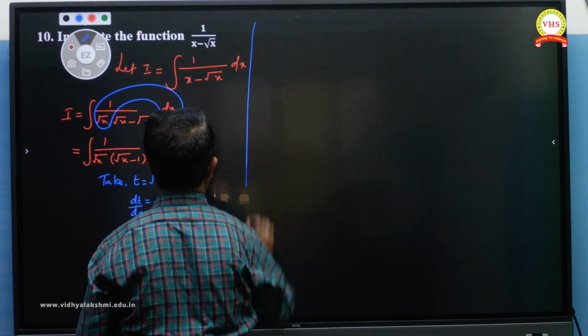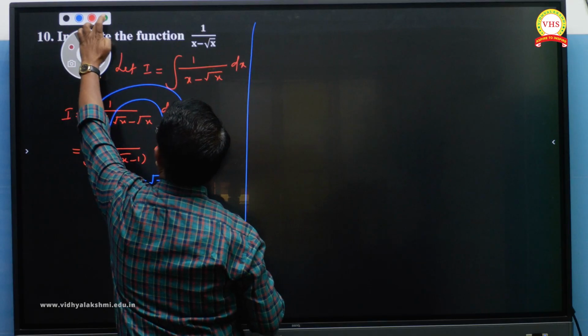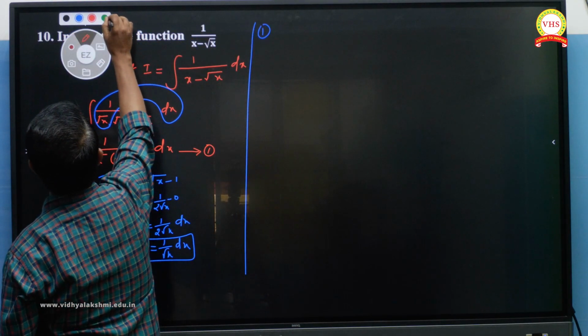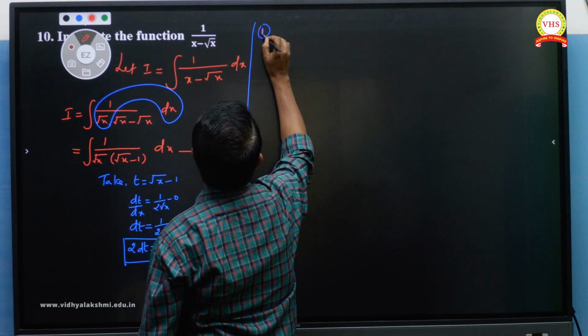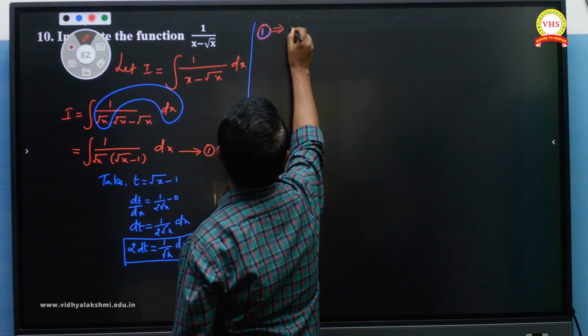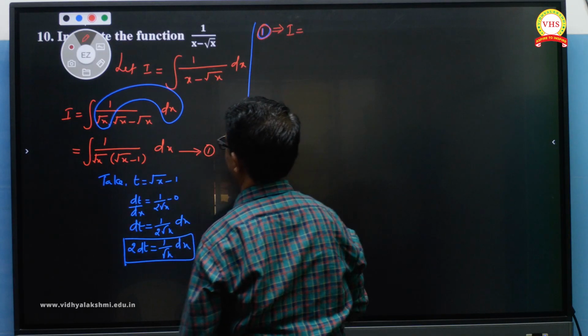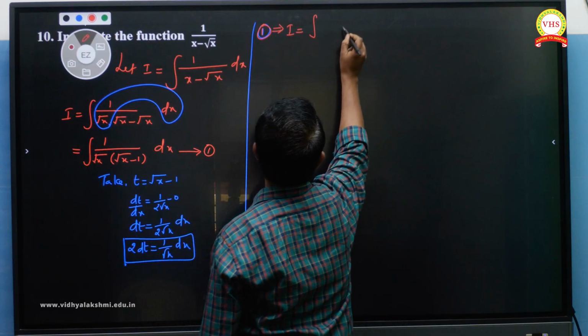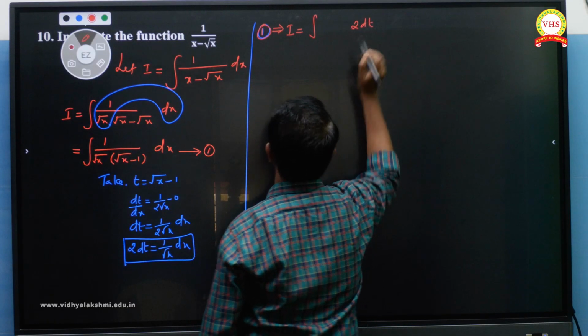What are we going to get here from equation 1? I equal to the integral of 1 by root x into dx becomes 2 into dt, correct?